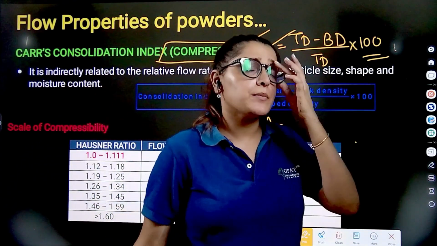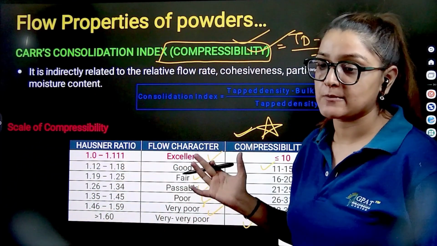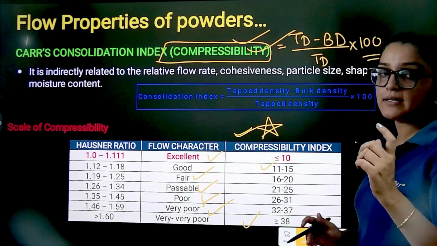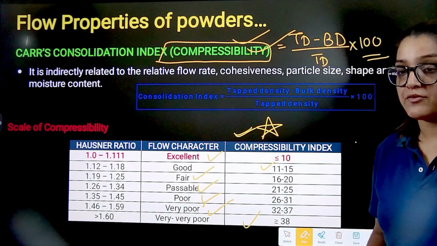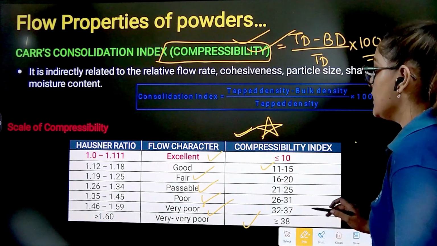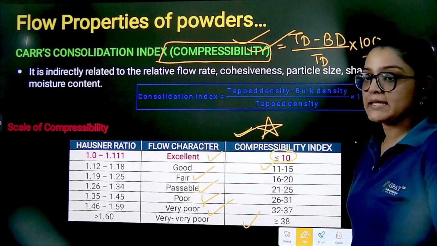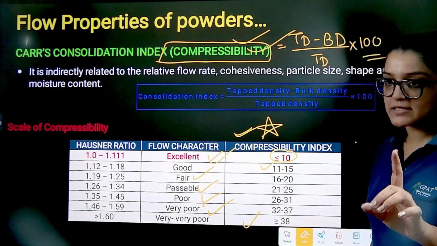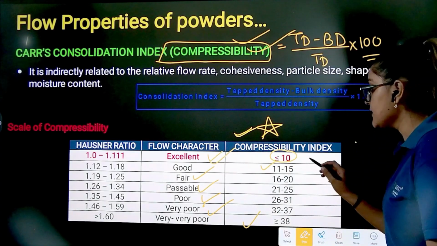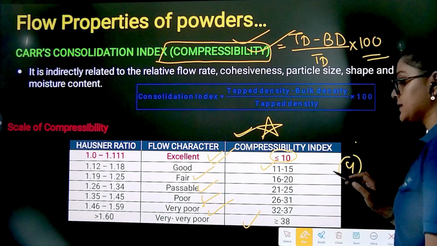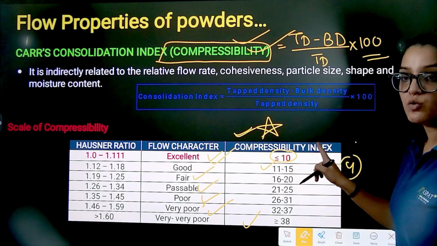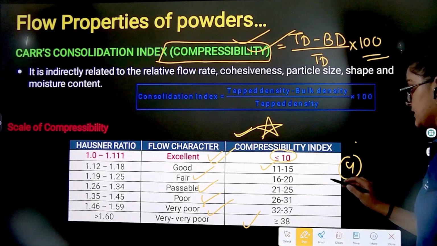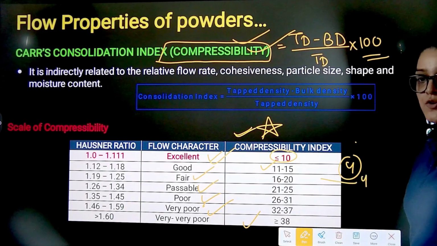Now you may wonder, ma'am, how will we be able to memorize this much? How will we categorize this in our head? So let's see a simple shortcut by which we can evaluate this. If you have a value less than or equal to 10, you have the excellent flow character. Just remember the highest one. Then there is a gap of 4 in the next. From 11 to 15, you have good flow. Then 16 to 20, again a gap of 4.